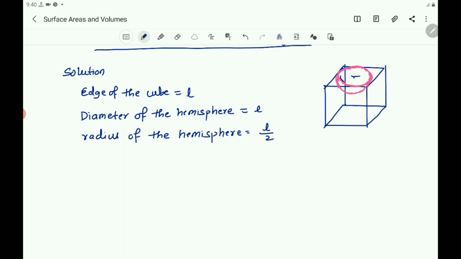surface area of the remaining solid equals, what is that?